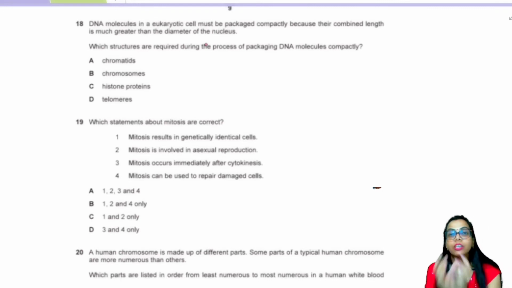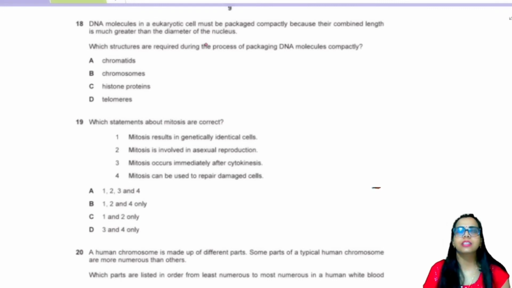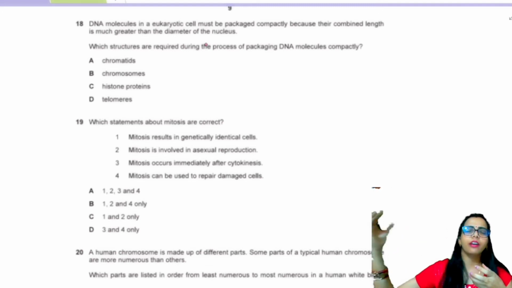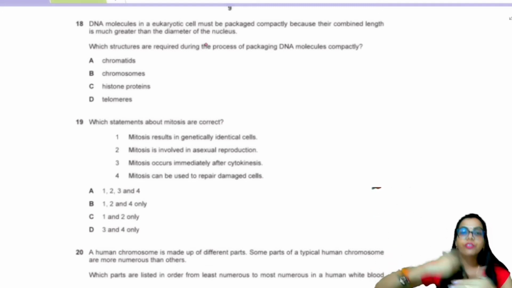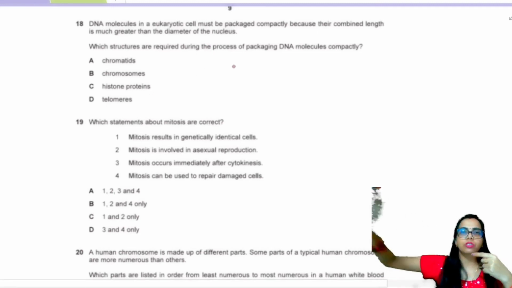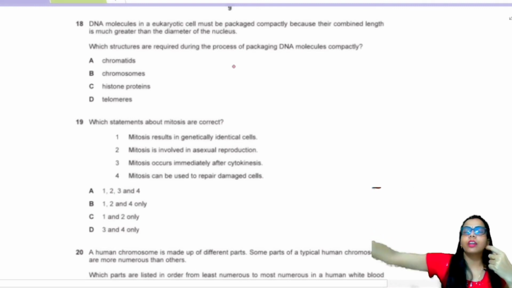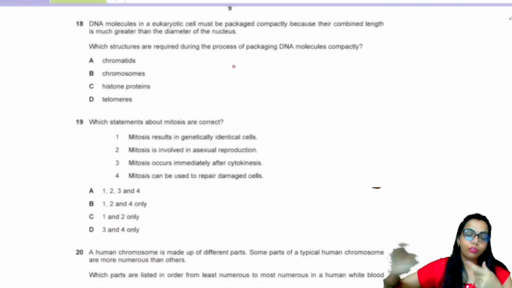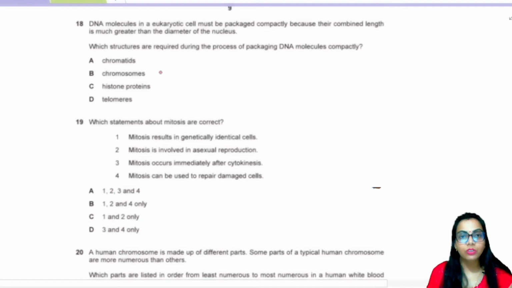And histone protein is just like a reel, okay, around which a long 100-meter thread is wrapped. The reel is just a few centimeters, and many meters of thread are wrapped around that. So that is the histone protein.